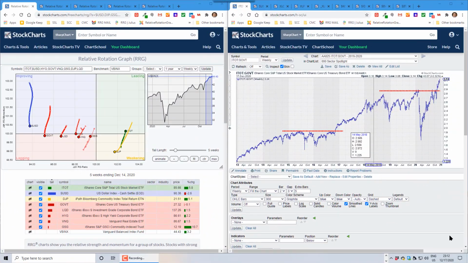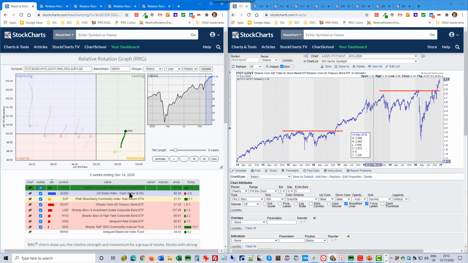So on the left-hand side, I have the first RRG that shows the rotation of various asset classes versus VBINX. And I especially want to draw your attention to the tails of the stock market, ITOT, and bonds: the government bonds, corporate bonds, and high yield bonds. The RRG already shows a very clear preference for stocks, being on the right-hand side, and all three bond-related ETFs remaining on the left-hand side and moving into the lagging quadrant.